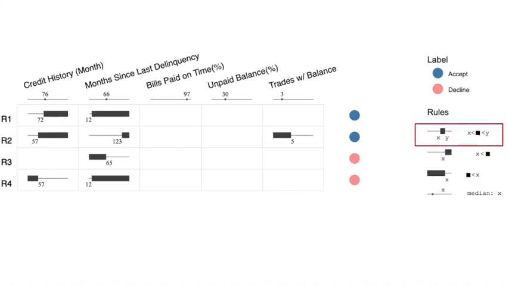If the rectangle is marked with two values, x and y, then it represents a range larger than x and smaller than y. And if the rectangle only has one value, x, marked on the left side, then it represents a range larger than x. For the rectangle with only value x marked on the right side, it means a range smaller than x. And a line with a dot on it marks the position of the median value of a feature. The median values are presented on the top of the table.